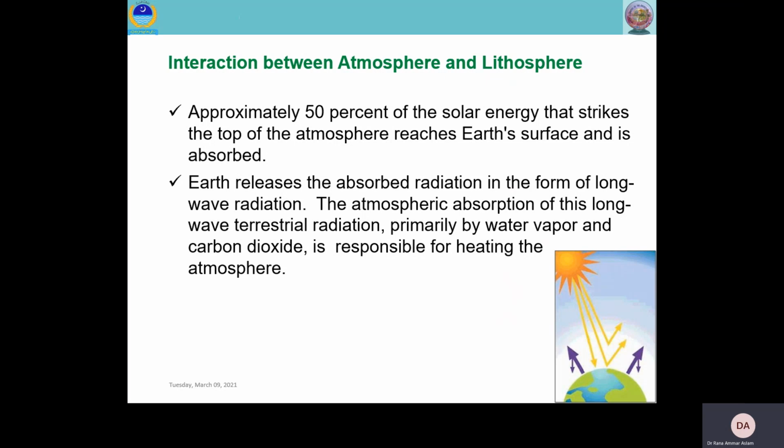So the atmospheric absorption of this long wave terrestrial radiation, primarily by water vapor and carbon dioxide, is responsible for heating the atmosphere. So it means that the energy required by the atmosphere that is being used for other spheres is provided by the lithosphere, right? And this is how the atmosphere and lithosphere interact with each other.